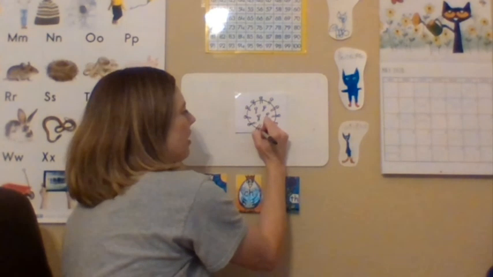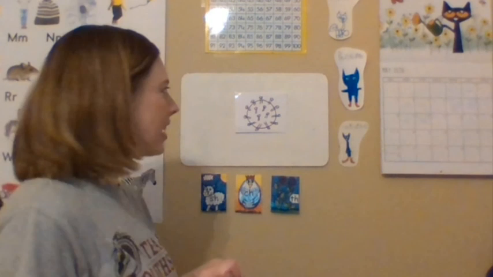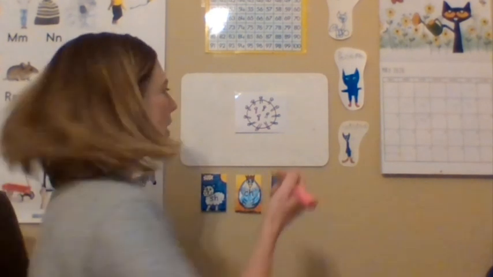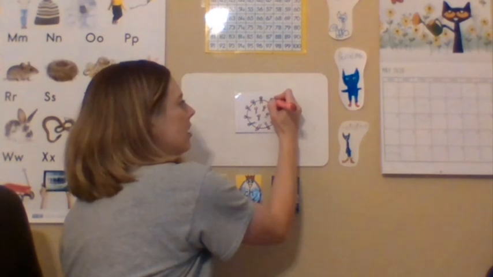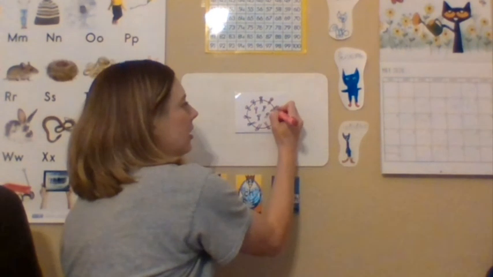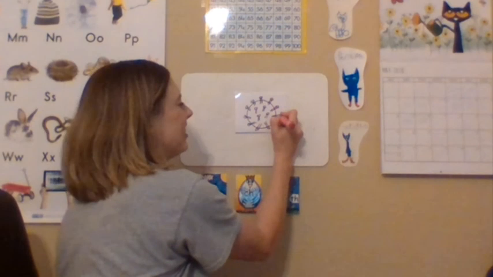Okay. So once I've kind of got it sketched out, now I can go back with markers, crayons, colored pencils, whatever you have at your house, and you can make it the colors that you want it to be. So maybe I want all of these in here to be pink, and I'm going really fast.